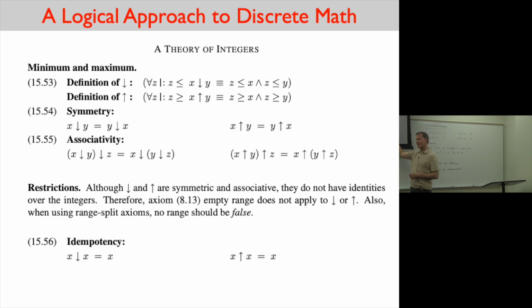In fact, the way we prove theorems is going to be a little bit different because of this definition. In other words, this does not say x min y equals something. Instead it's a quantified expression that's either true or false.